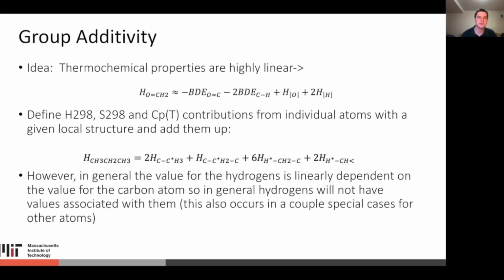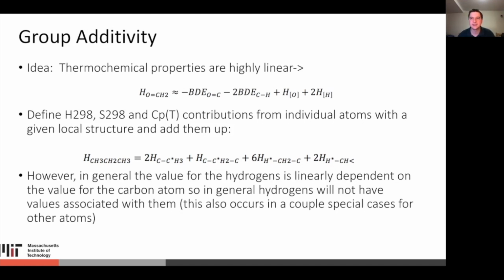So the first main one is group additivity based on Benson's method. The idea is in general that thermochemical properties are highly linear. The enthalpy of a species can, to some approximation, be decomposed into the enthalpies of the individual atoms separated and the bond association energies associated with forming all of the bonds.